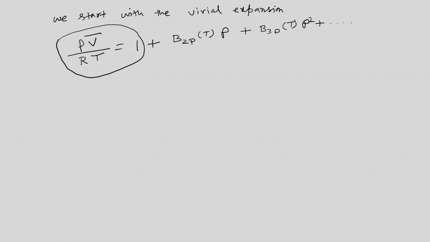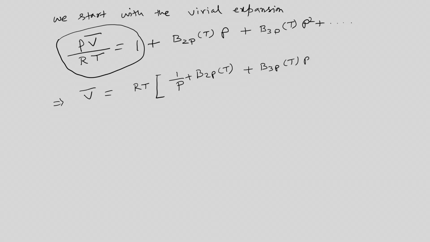Okay. Now from here you can write V bar is, we take the RT other side, like this. So this is V bar.